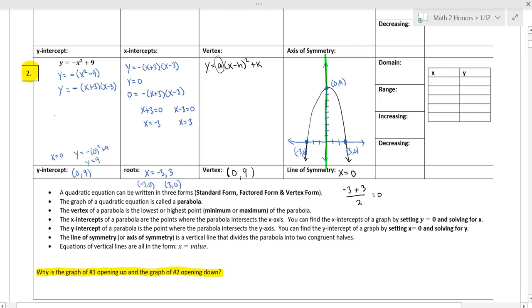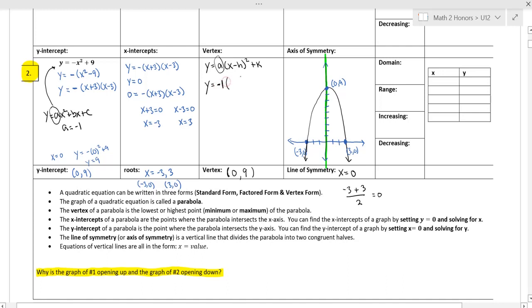I'm going to write here, standard form is y equals ax squared plus bx plus c. And so a, we see in standard form, is the number in front of x squared, which in this case a would be -1. And so that's the same a for vertex form. So I know as I'm writing vertex form, I have a -1. That's where I'm getting the a from.